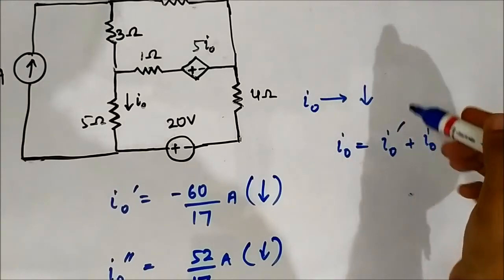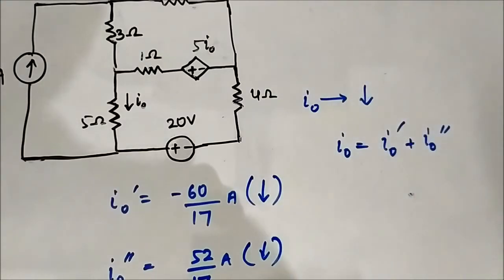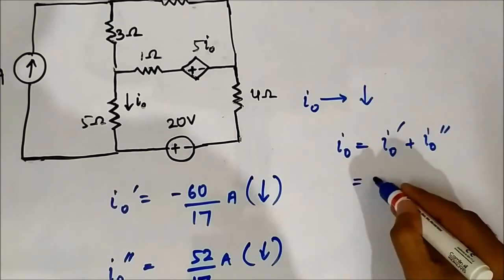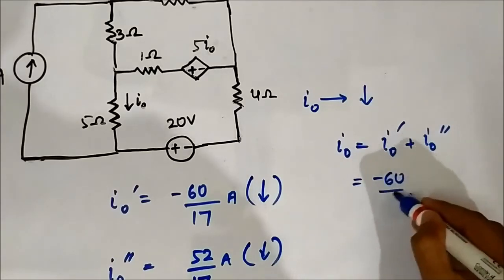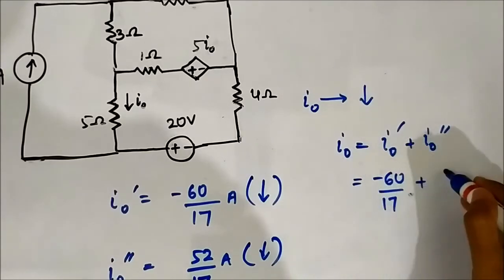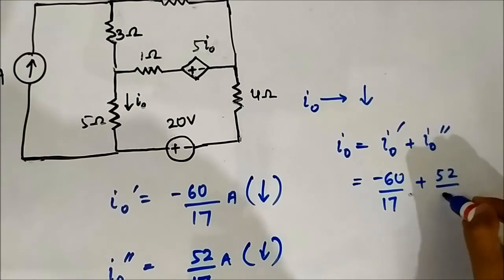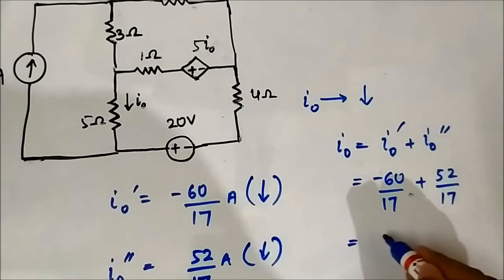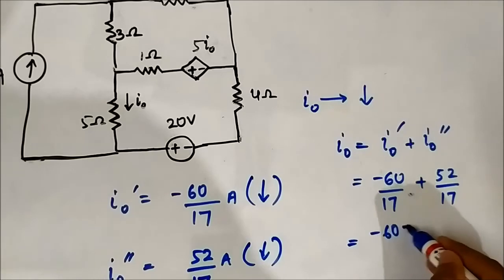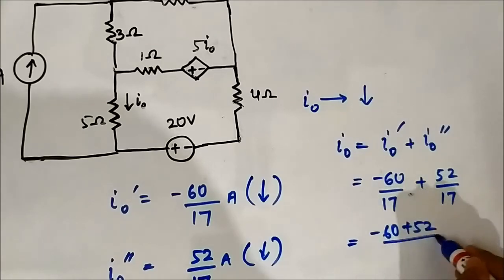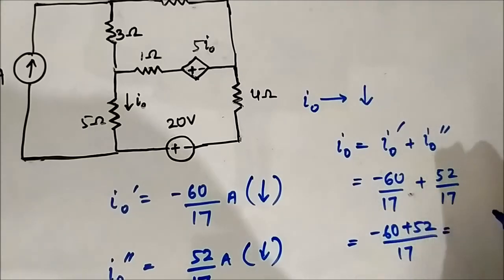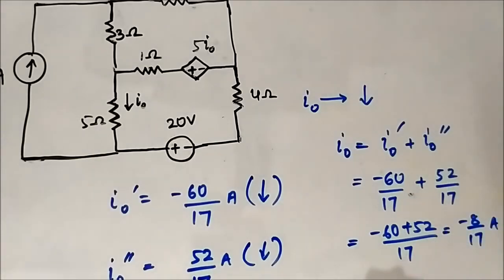If they would have been in the opposite direction, we would have used the minus sign. So it would simply be minus 60 by 17 plus 52 by 17, which is equal to minus 8 by 17 ampere.